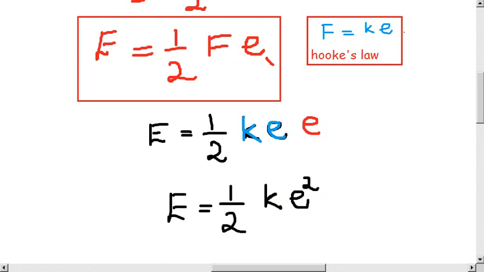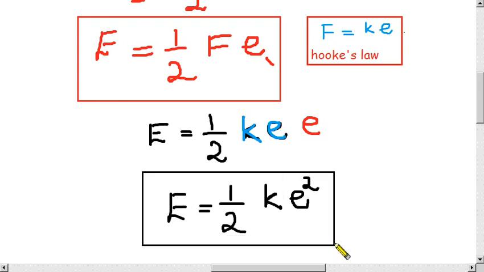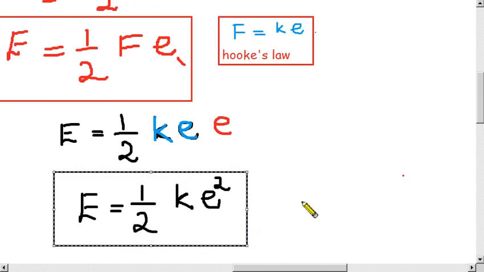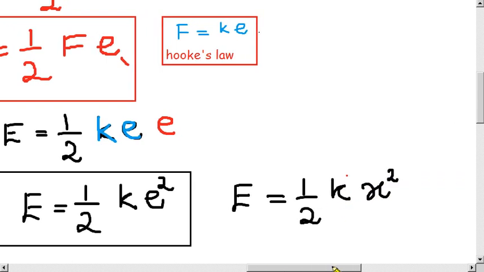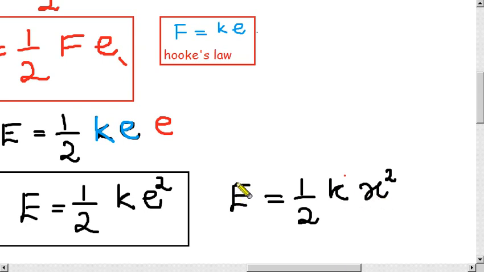This is the second equation that we can use to calculate energy, potential energy or strain energy or elastic energy. All are the same. Sometimes we write E equals half kx squared. Instead of e, some people write x, because in mathematics they use x.